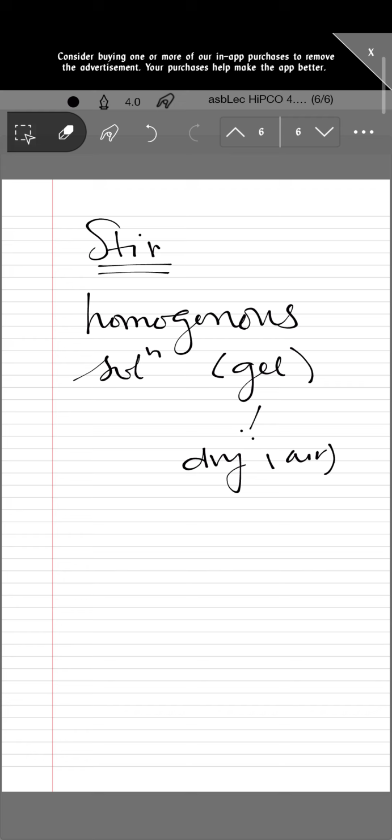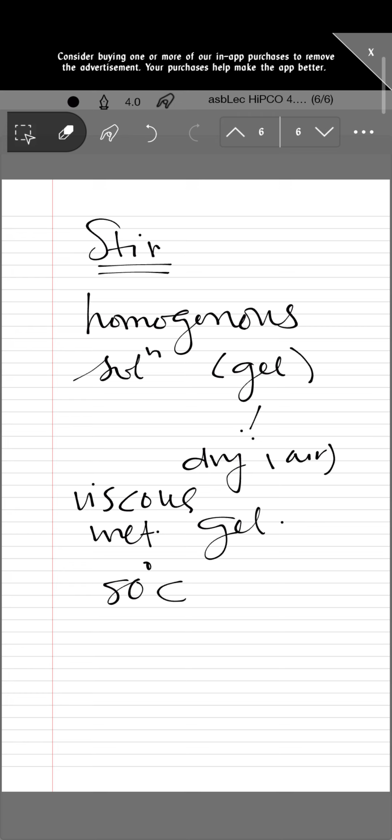After drying, we get a viscous wet gel. That means it is containing water, viscous wet gel. Now, this viscous wet gel is again oven dried at a little bit higher temperature to remove the water for a long duration, usually 10 hours, to obtain what is called the prepared sample of titania.